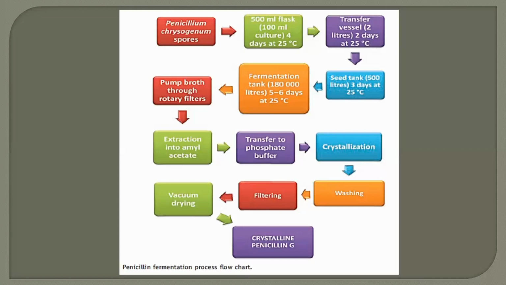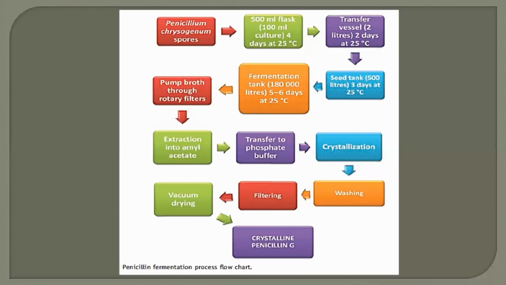Thereafter, you transfer the content in the seed tank into the fermentation tank, which is about 180,000 liters, for 5 to 6 days at 25 degrees Celsius. From there, you pump the broth through the rotary filters. After pumping through the rotary filters, you extract with amyl acetate.